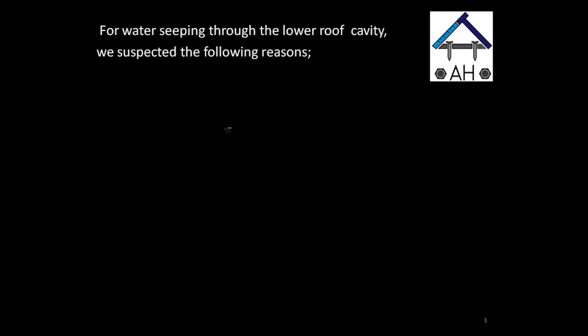For water seeping through the lower roof cavity, we suspected the following. Number 1, wrong installation of the upper downpipe load spreader. There were no bends to the load spreader to adequately disperse water on the lower roof tiles.